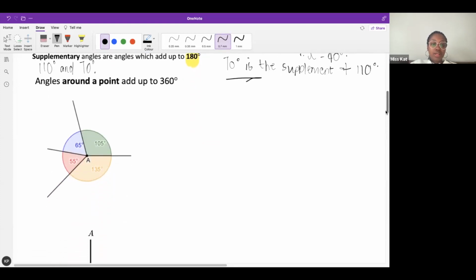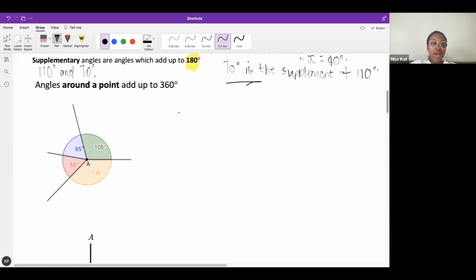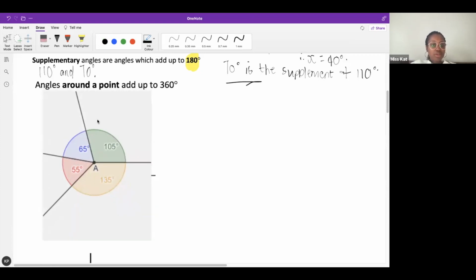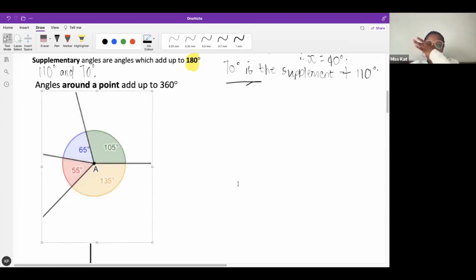Now, here's a different property that we should all know. Angles around a point add up to 360 degrees, but we should know this, right? We started off by speaking about a revolution, and you all told me that a revolution goes up to 360. So if they go all the way around, then they have to add up to 360 degrees. Okay, so look here.